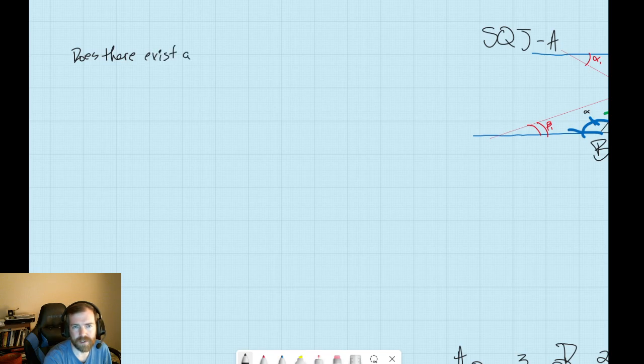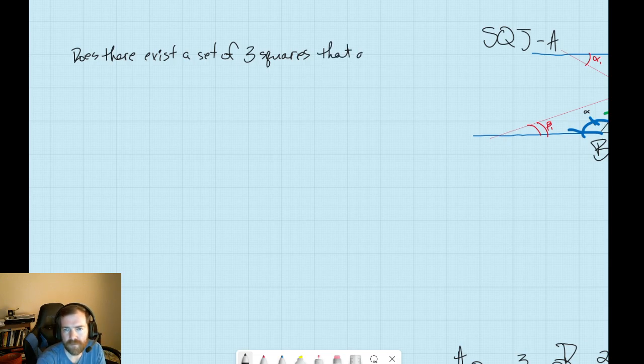Does there exist a set of 3 perfect square numbers that are linearly separated, or can form an arithmetic sequence?